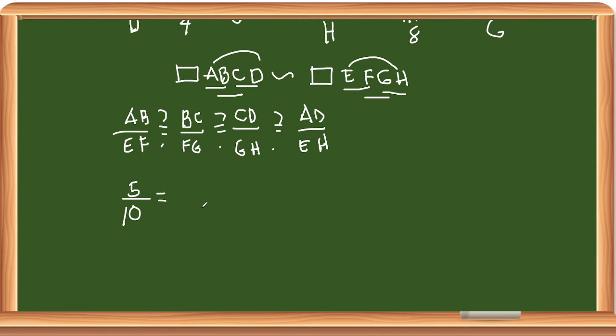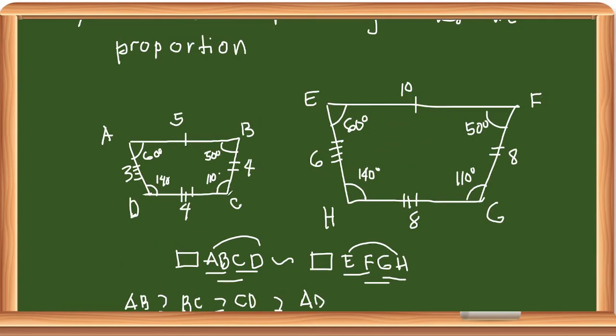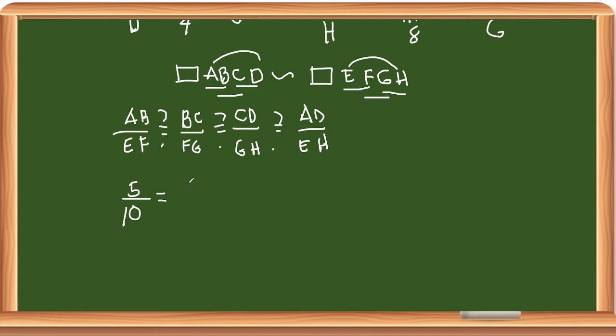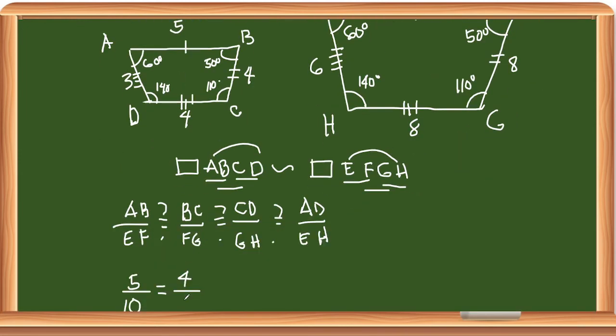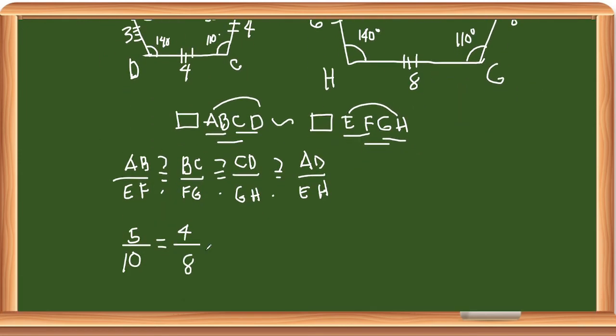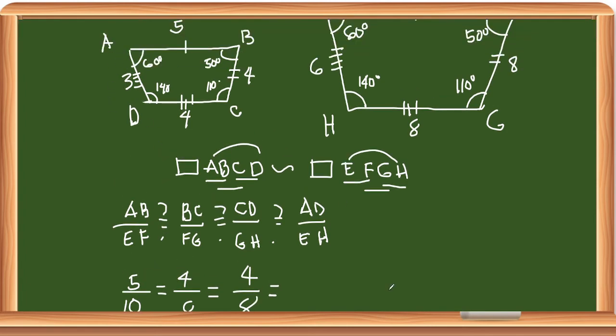Equal to your BC, this one is 4, over FG is 8. CD is 4 and GH is 8. And lastly, we have AD, this is 3, and EH is 6.